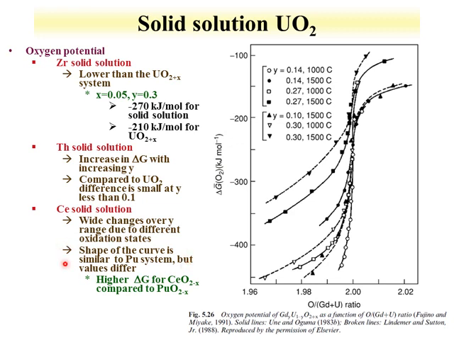The shape of this curve is similar to the plutonium system, but the value is different. So what this means is that there's data available to determine, for uranium-containing solid solutions, the ratio of oxygen to the metals. And this is done through evaluation of thermodynamic data, and in this case, the Gibbs free energy.